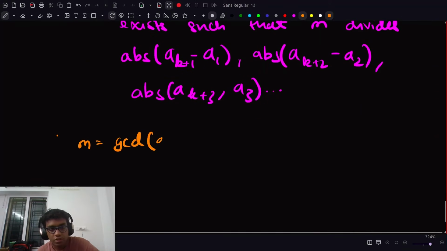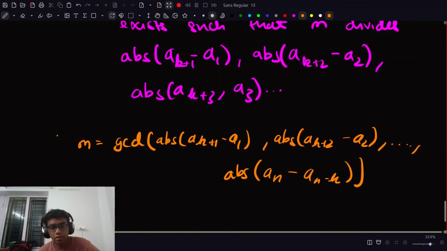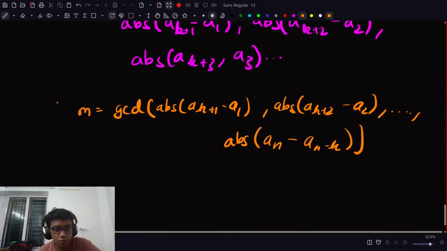So we simply need GCD of abs ak plus 1 minus a1, abs ak plus 2 minus a2, and so on until we have abs of an minus k. So we take GCD of all these differences, and that is our value of m.